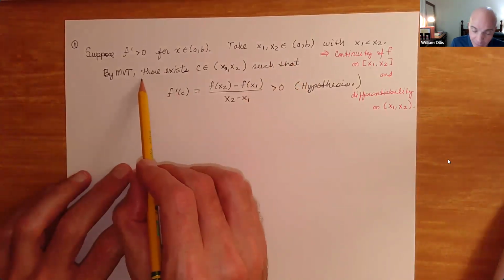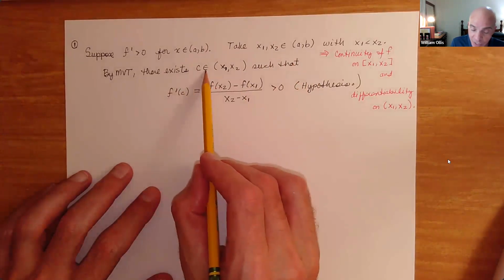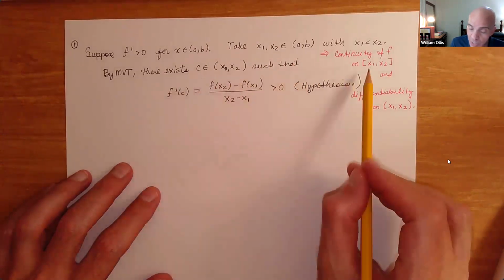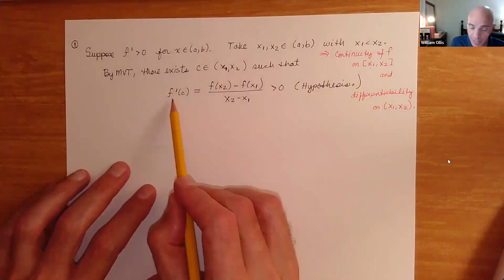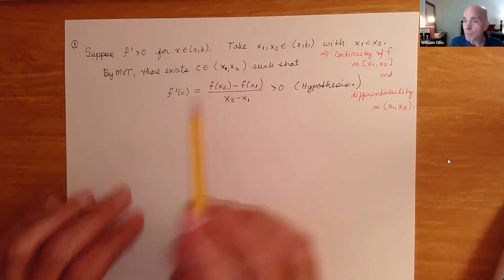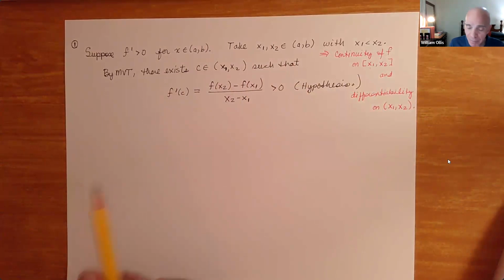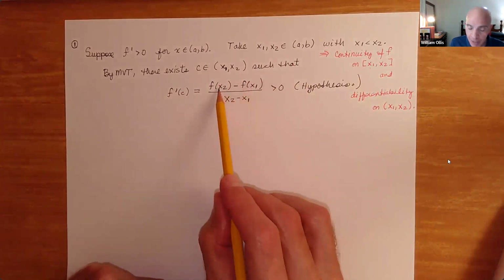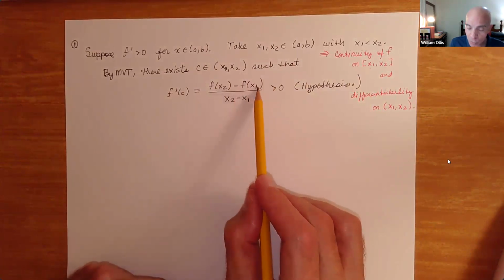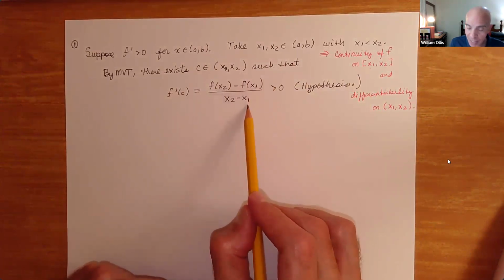So now by the mean value theorem, we have the existence of C between x1 and x2 such that the derivative of f at C is the slope of the secant line. And of course, the secant line is just rise over run, f of x2 minus f of x1 divided by x2 minus x1.